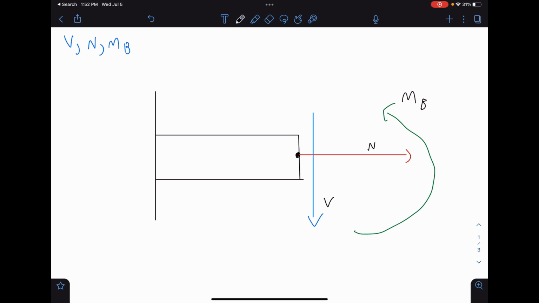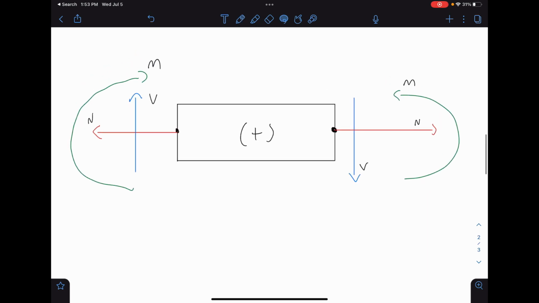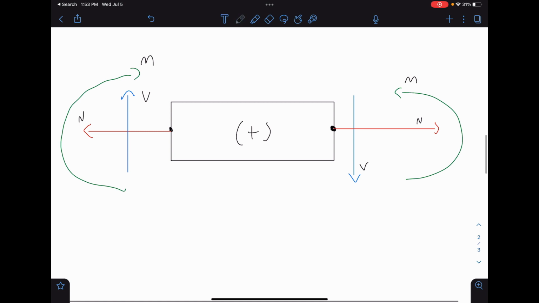Now, let's figure out what makes shear forces or normal forces or bending moments positive or negative. So here's another diagram I drew. We have our beam here, and we've made a cut on either side. This just represents when our shear forces, normal forces, or bending moments are positive.